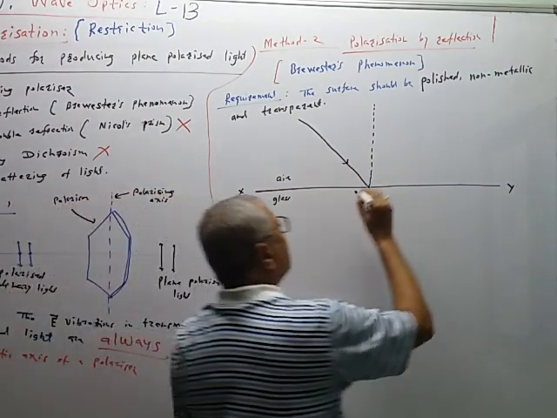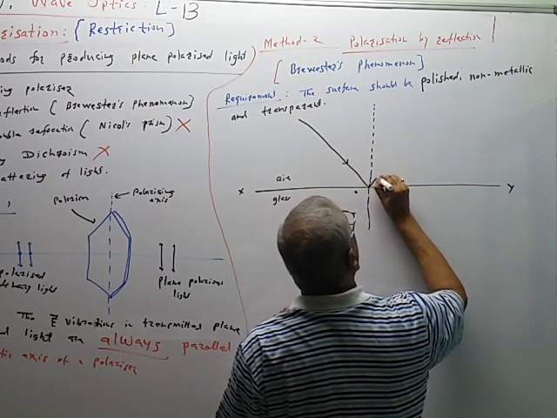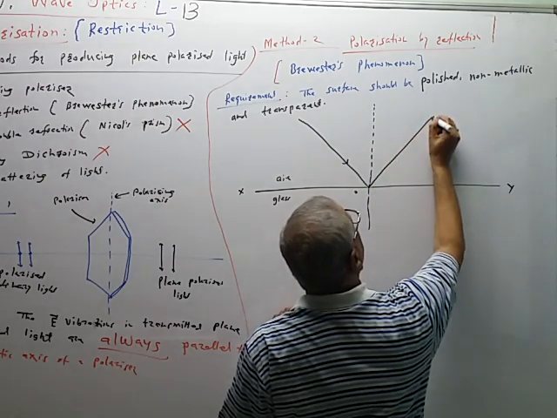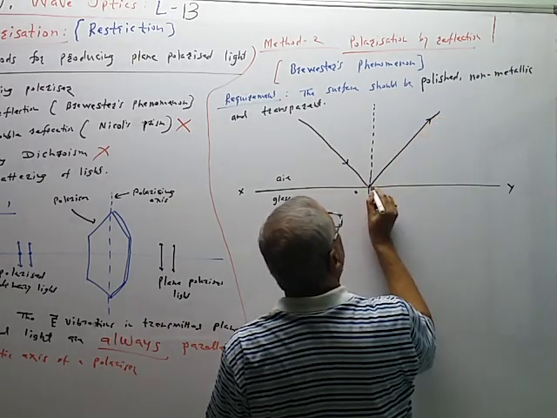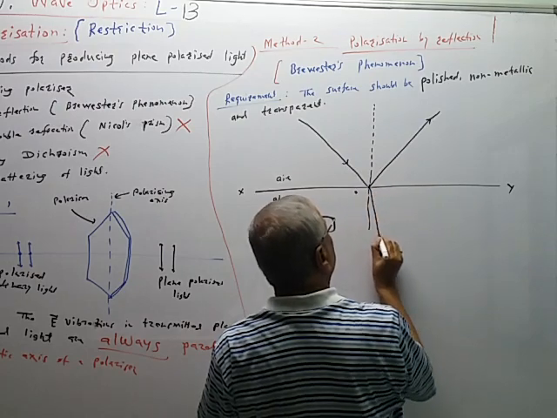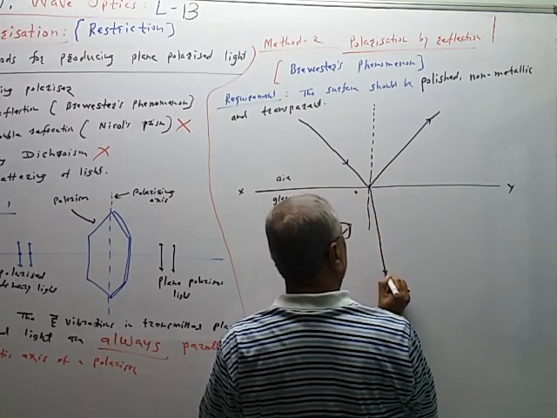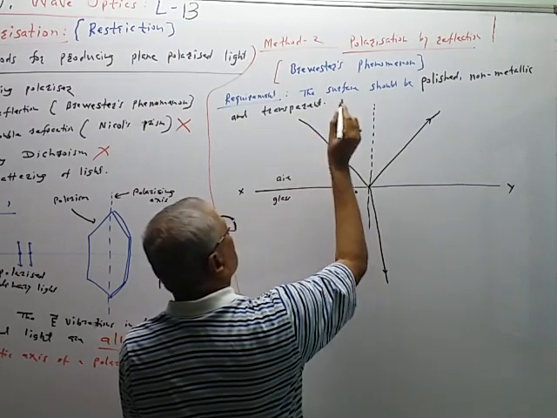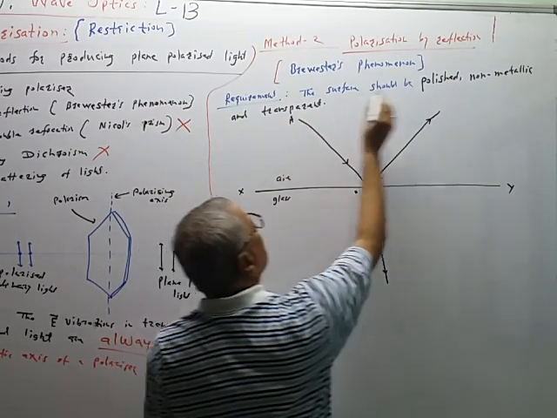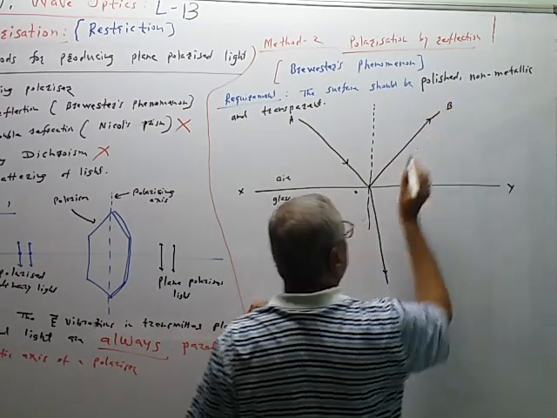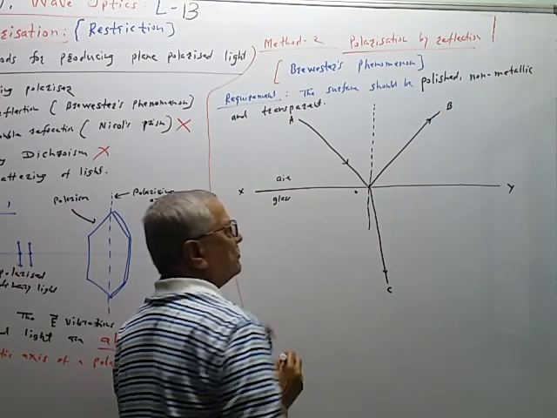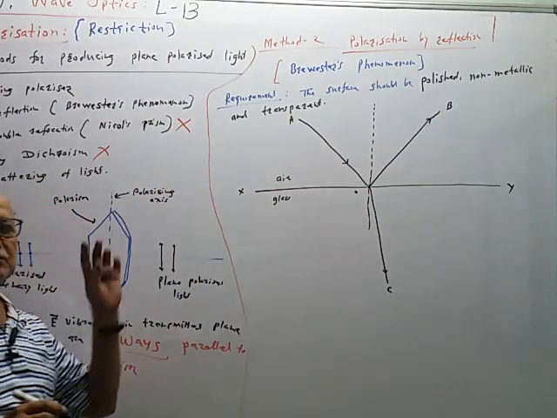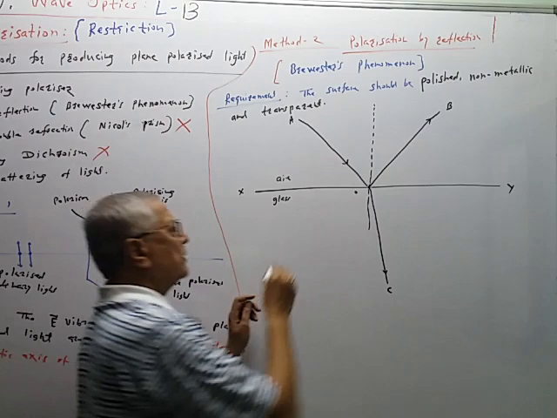Now it is partly reflected. This is the reflected ray. It is partly refracted. So AO is the incident ray, OB is the reflected ray, and OC is the refracted ray. So this is the phenomenon of partial reflection and refraction.